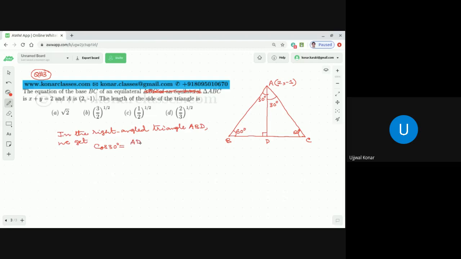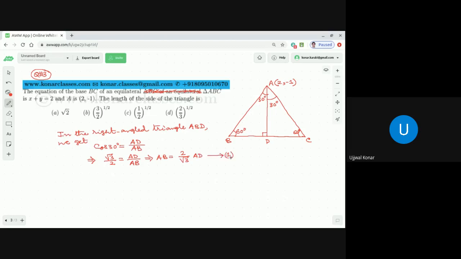It is equal to AD divided by AB. So cos 30 is nothing but root 3 by 2. So that means we get root 3 by 2 is equal to AD by AB. From here, the value of AB is equal to 2 by root 3 into AD. Let's give this as equation number 1.